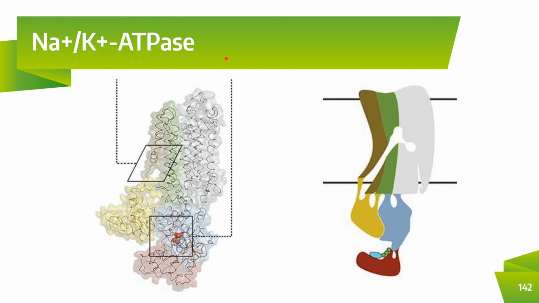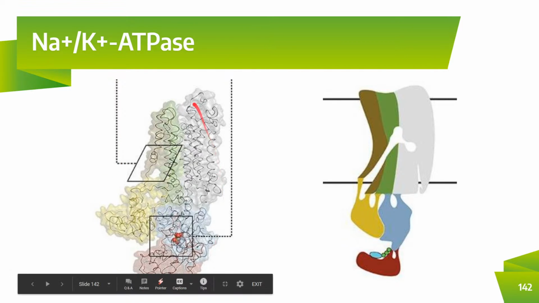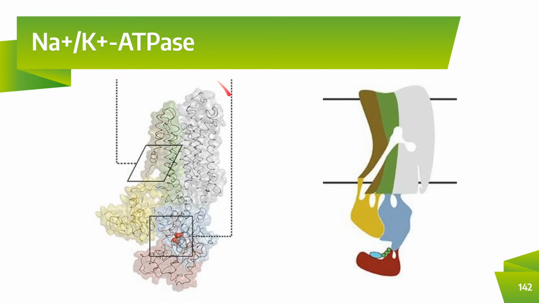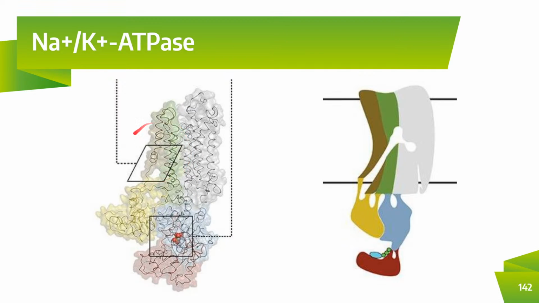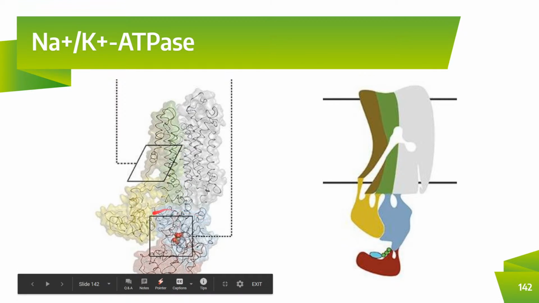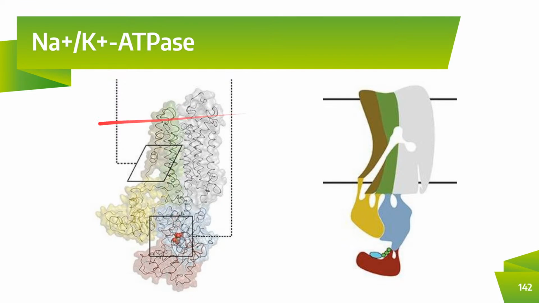Not the cartoon view that we were looking at just now, but represented as strings, and you can also see a surface representation. Highlighted with those squares are the sodium binding pockets, and also the ATP binding pocket at the bottom. The membrane would be where the gray, light green, or brown part is.